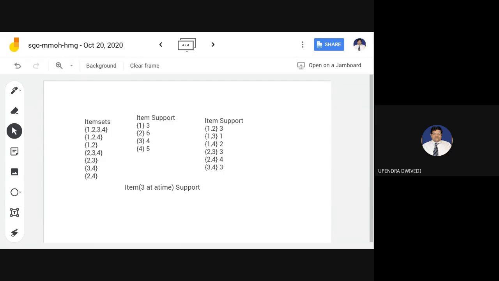Sakshi Jaiswal, please. You can also edit on the Jamboard as well as use the chat box. Just provide your response. Sakshi Jaiswal. Yes, beta. Please provide the response.